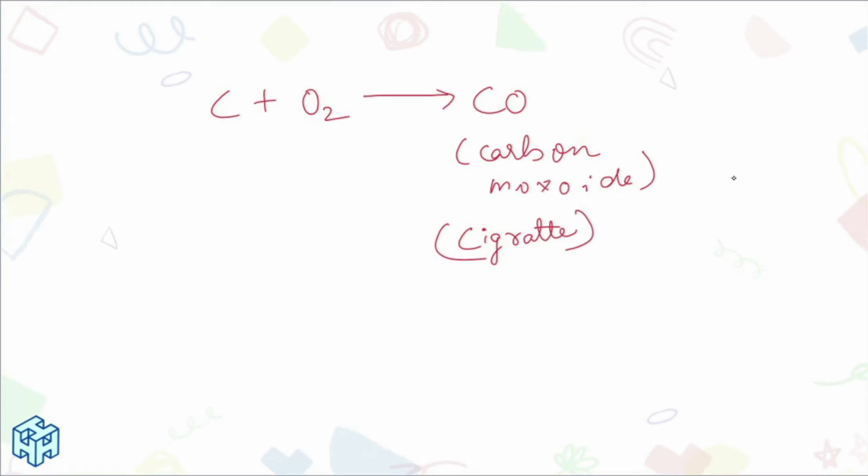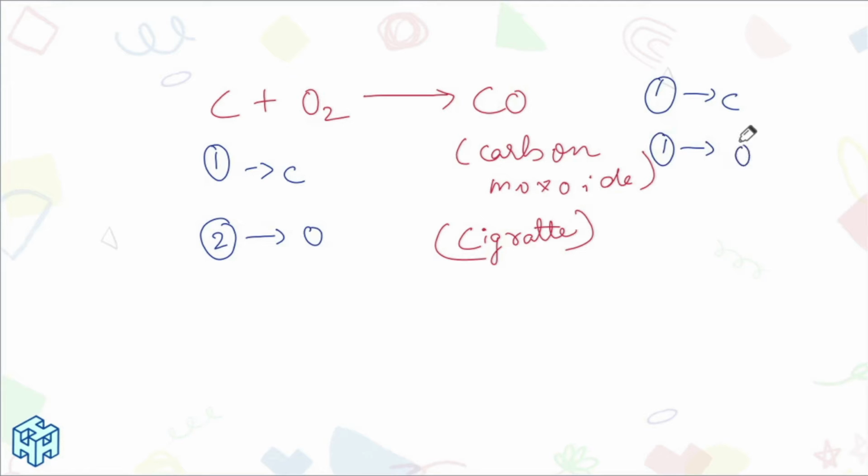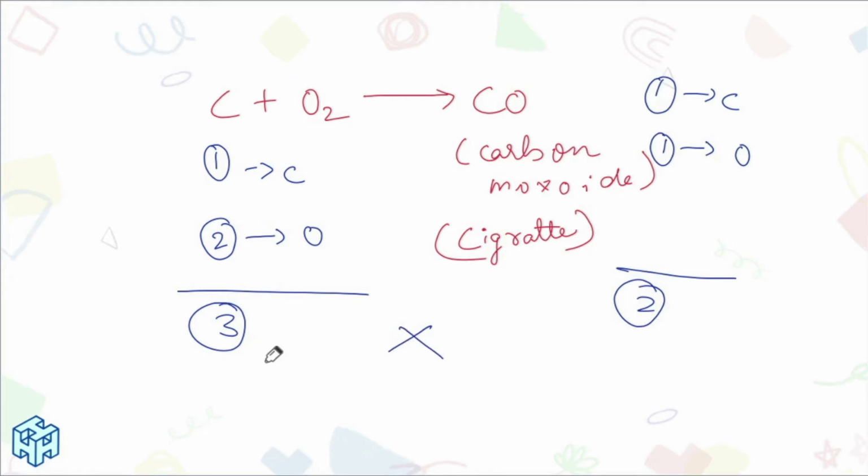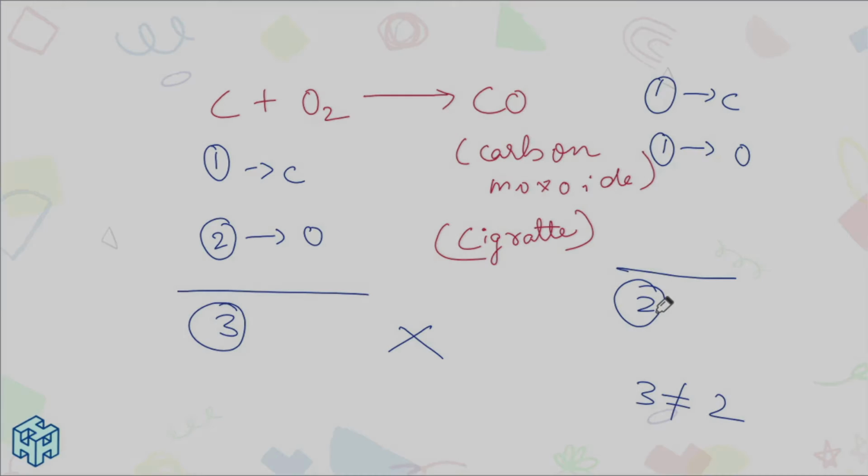How many elements do we have here? 1 carbon, 2 oxygens. Here in the product side, 1 carbon and 1 oxygen. Here in total we have 3, here in total 2. Is it balanced? No, it's not balanced. 3 is not equal to 2. Hence this sort of equation is called an unbalanced equation.